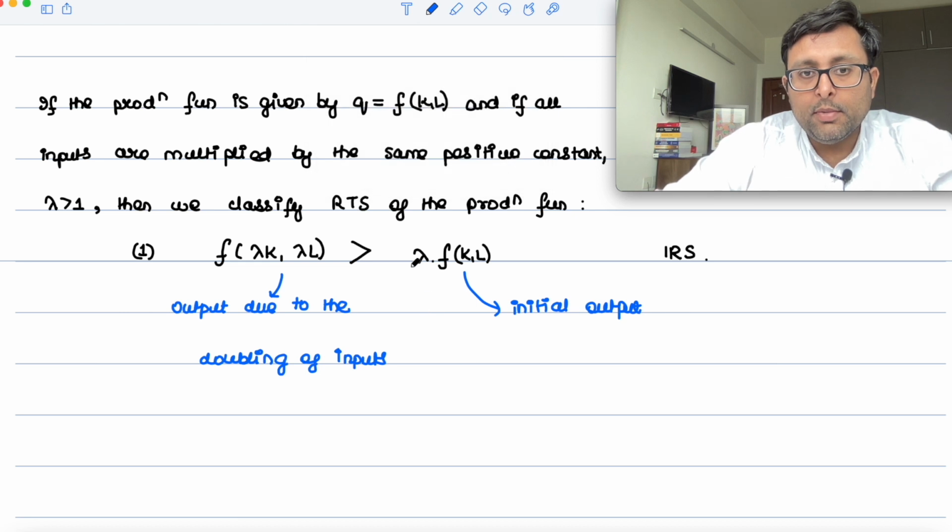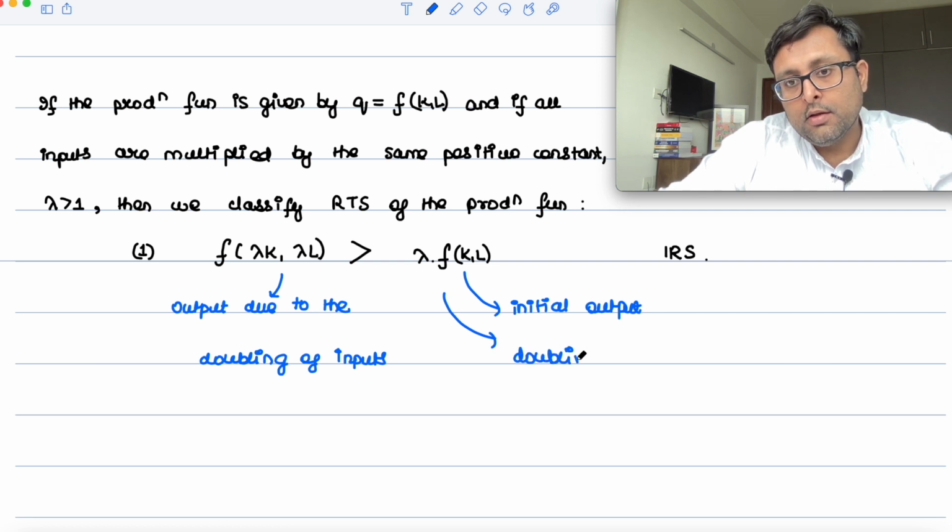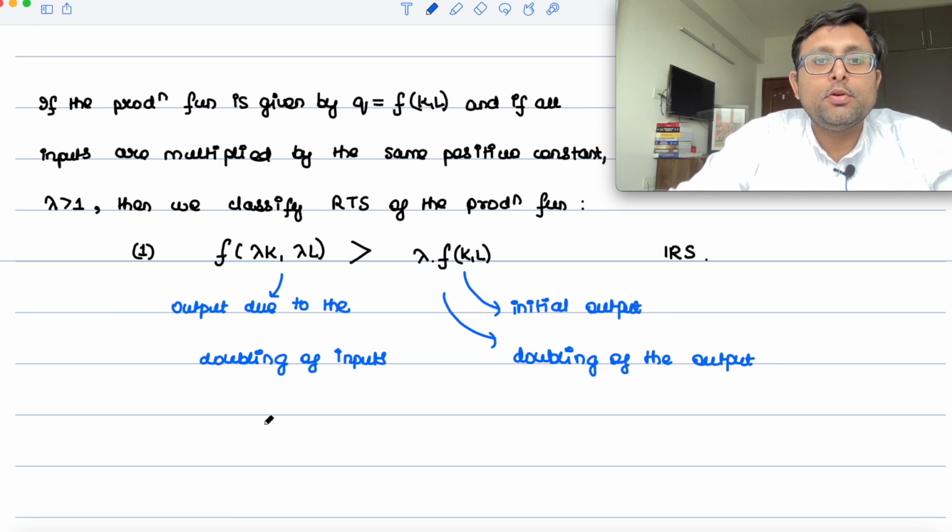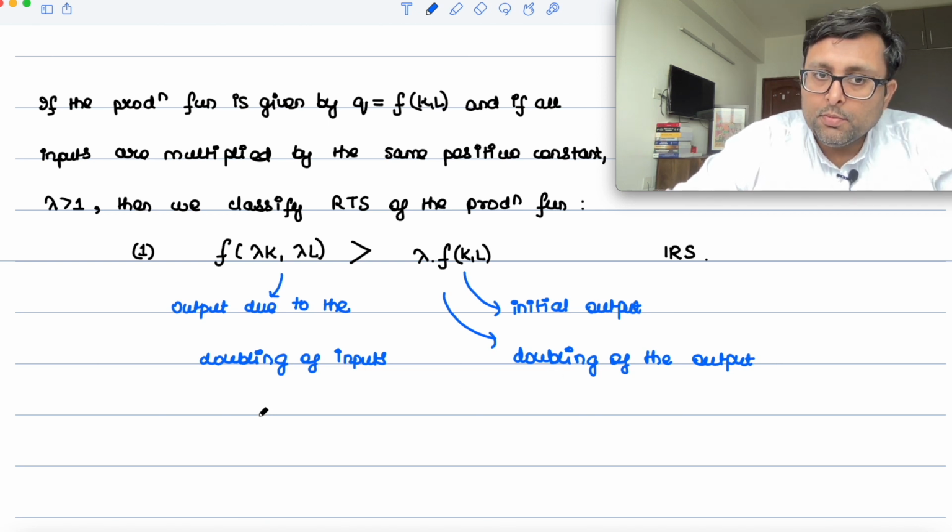So I'm writing double, I mean that lambda is doubled here. So this lambda f of kl is doubling of the output. You with me?